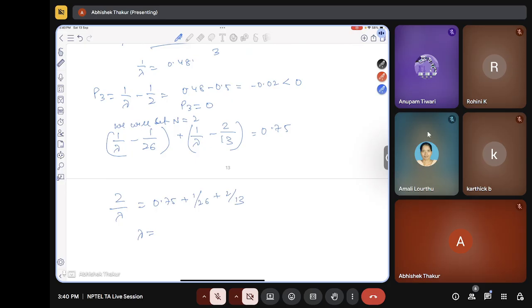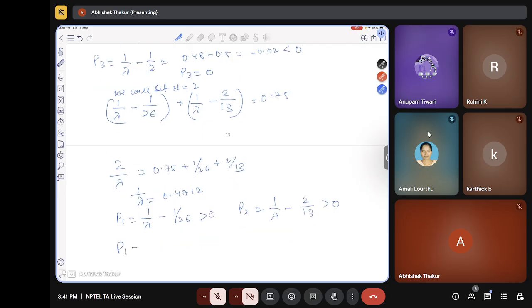So 1 by lambda will be, this time, 0.471. So now P1 is equal to 1 by lambda minus 1 by 26. This time it is greater than 0, because 1 by 26 is less than 0.47. And P2 is equal to 1 by lambda minus 2 by 13. So both are greater than 0.